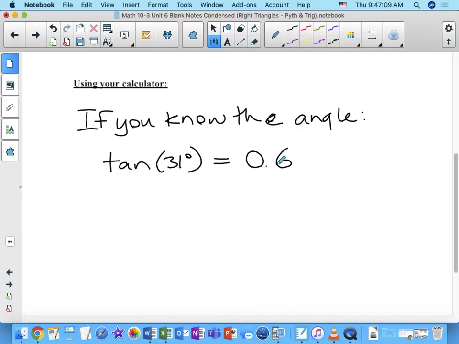Okay, so this over here is the ratio. That's how you would get a ratio.